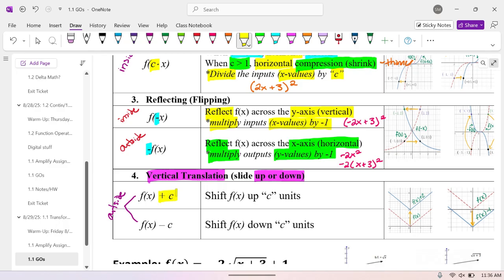So if you add C, or a constant, you're going up C units. Subtract C, you're going down C units. So an example of this would be x squared plus 2. That is technically considered outside because the 2 is not included in the square.